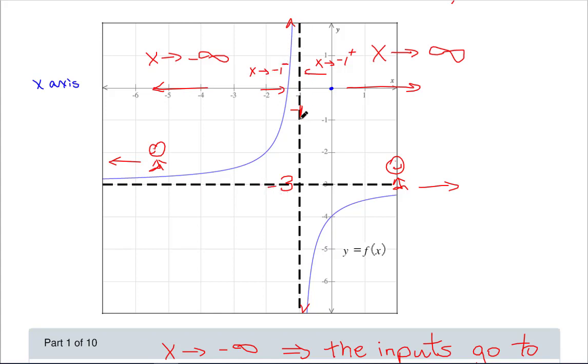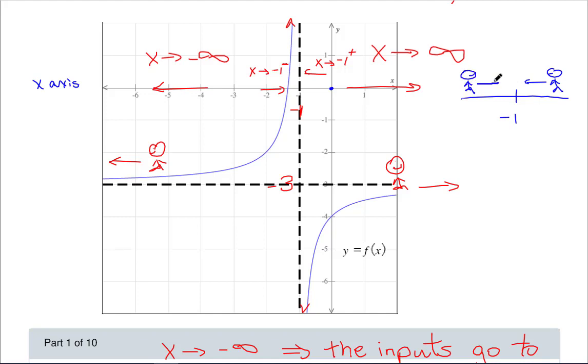Now this vertical line is called a vertical asymptote. Now the vertical asymptote is where? It's hard to see, but it's here at -1. So let me draw it over here a little better. So here's -1. If you're walking, there are two directions where you could head toward the -1.